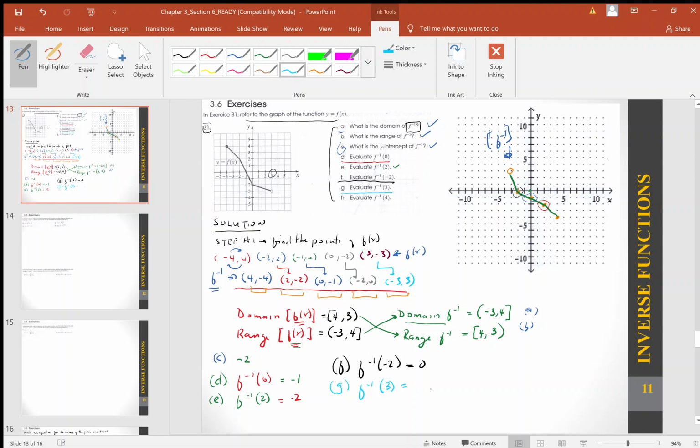So this is 0, 1, 2, 3. And we come down, and that's going to give us -3.